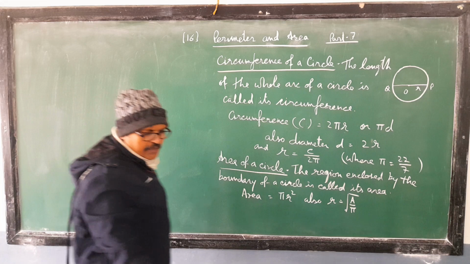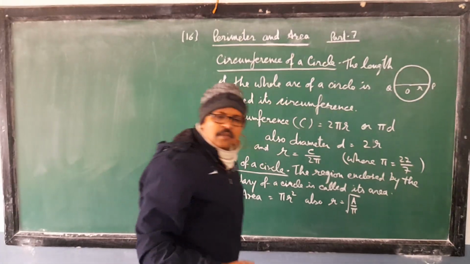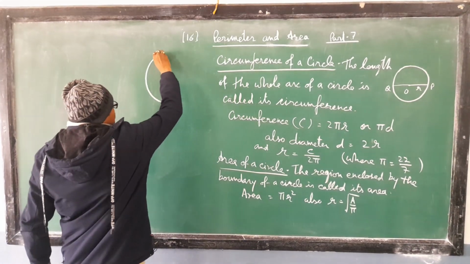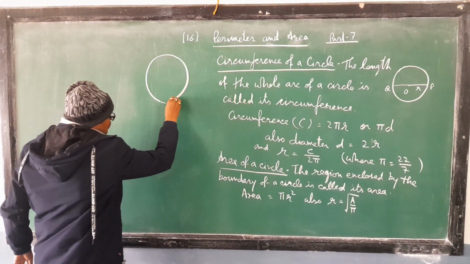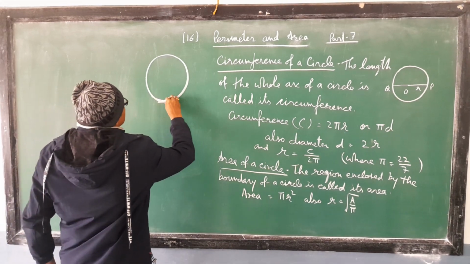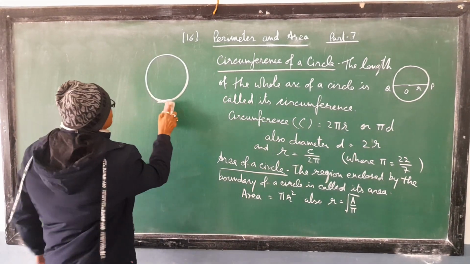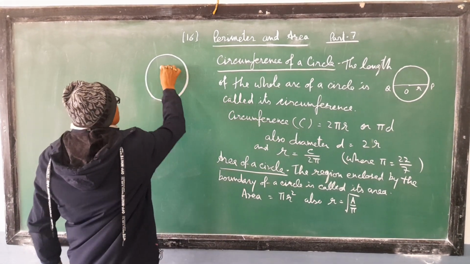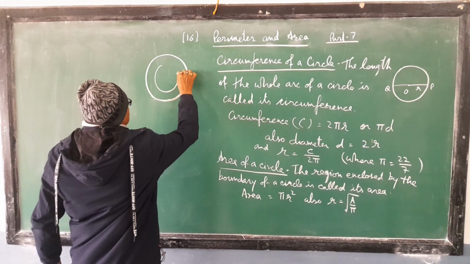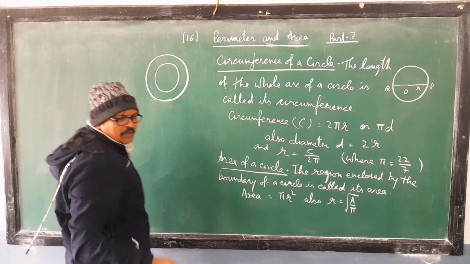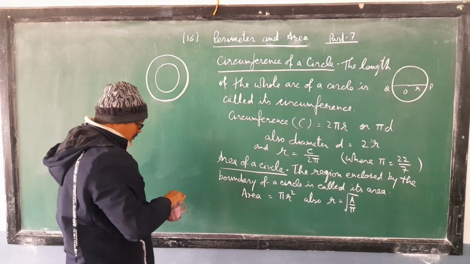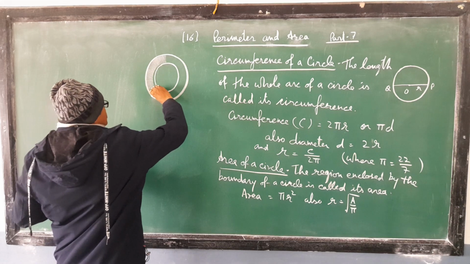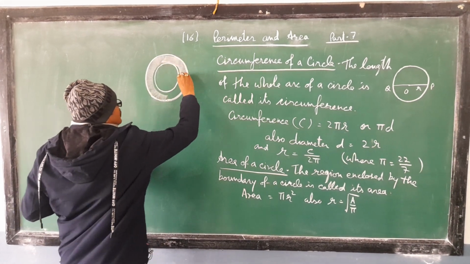When there is a circular ring, then this shaded portion is called a circular ring.